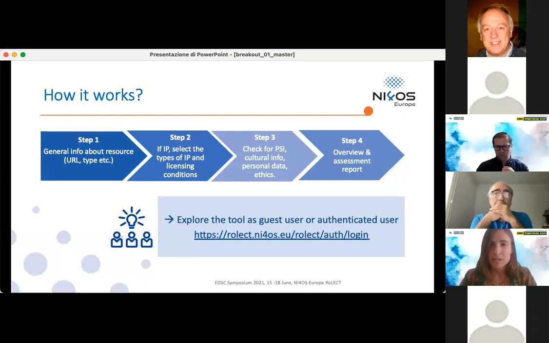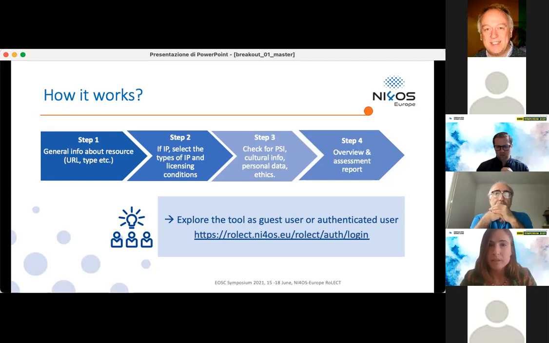Another factor that is examined is the existence of any public sector information that the resource may have, cultural information, trade secrets, confidential information, personal data, or ethics. And finally, the user can have an overview of the assessment and issue the assessment report.